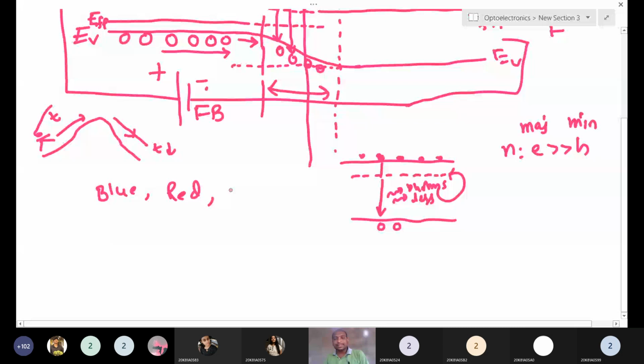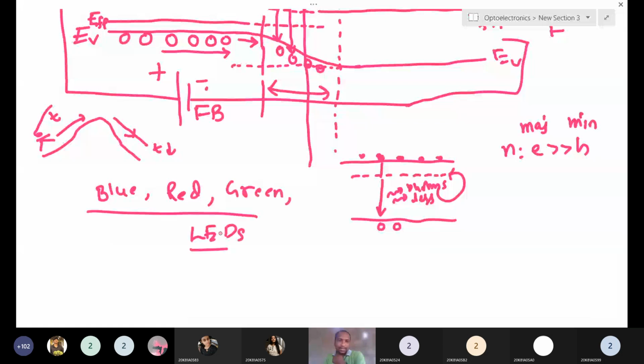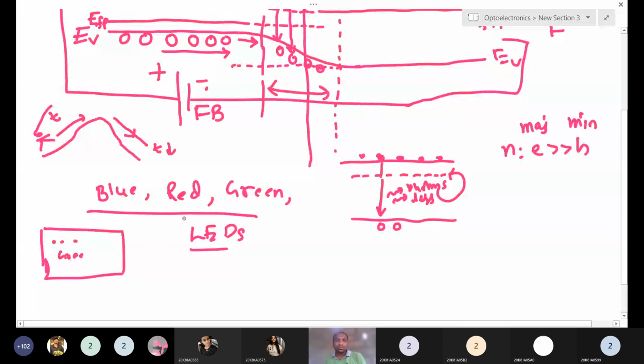Suppose in your TV monitor, sometimes you will see a blue screen, or sometimes you see a green screen. I think you have seen different color LED lights. Have you seen different color lights? Yes, sir. So some are white.